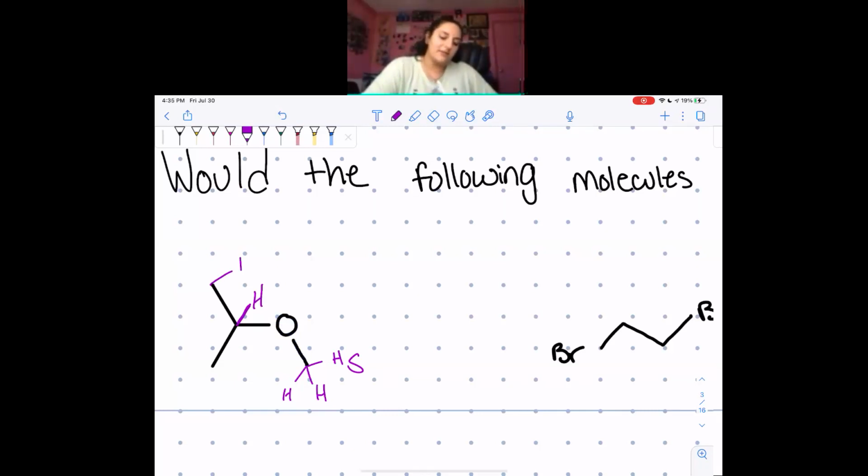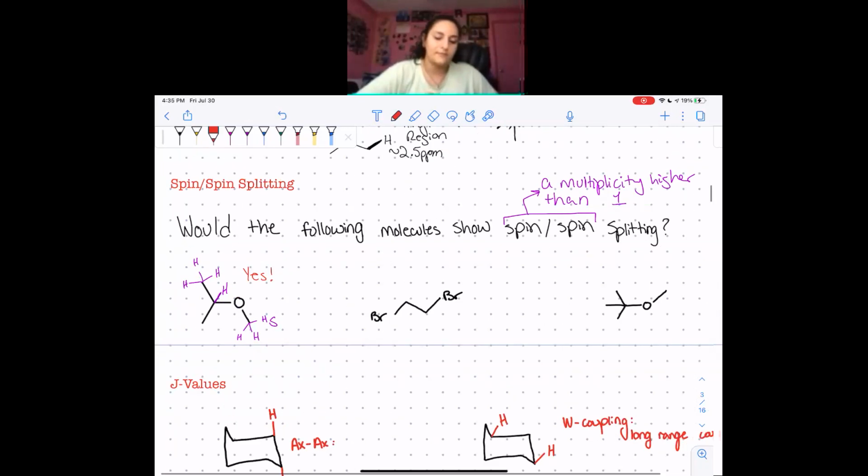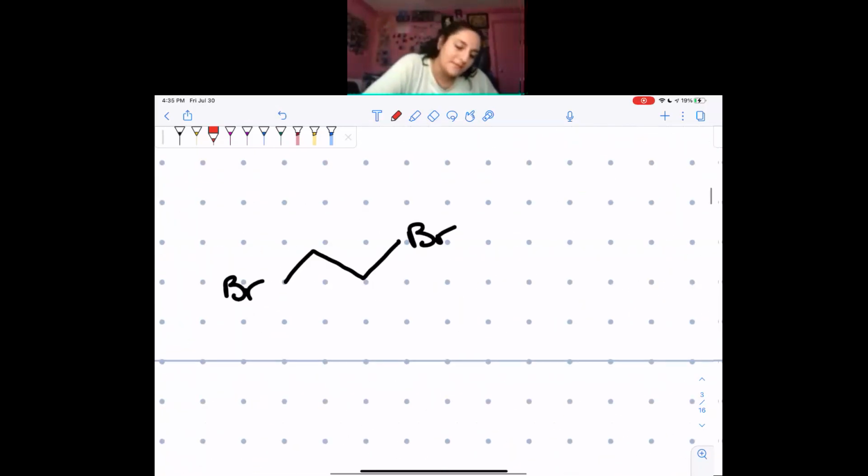This hydrogen, however, is 1, 2, 3 bond lengths away from these hydrogens, which means it does have neighbors. To be exact, it has 6 neighbors. So this guy is a multiplet, and it does show spin-spin splitting. However, the second guy right here has symmetry down the middle, which means this and this are exactly the same.